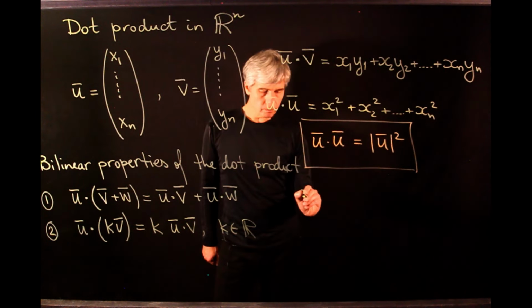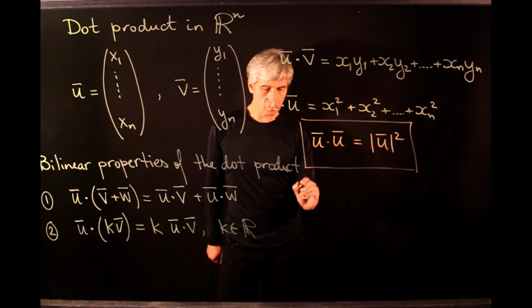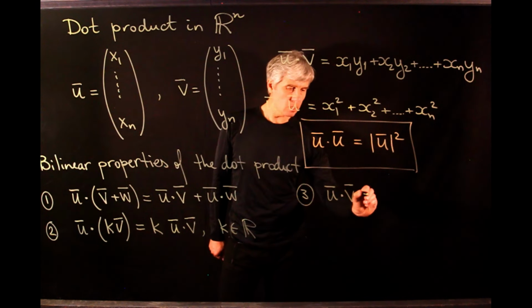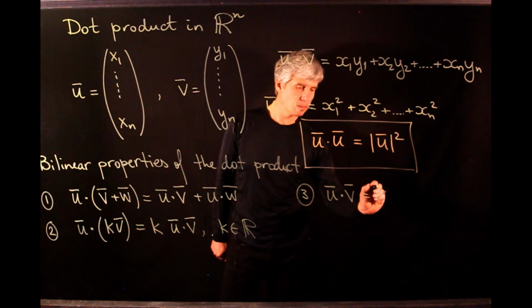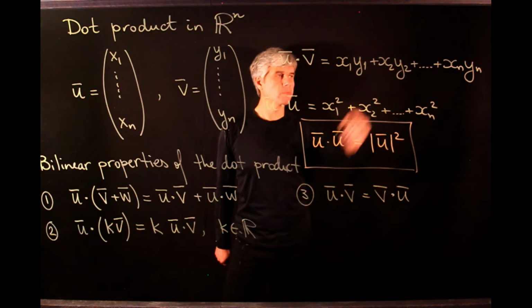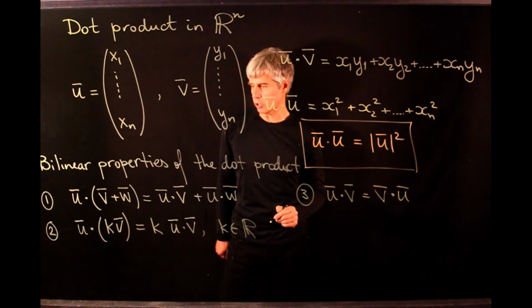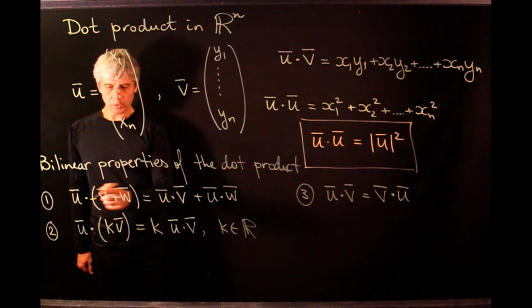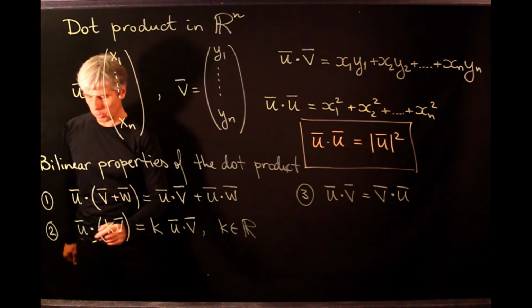And also the dot product is symmetric. So this means that the dot product of u with v is equal to the dot product of v with u. So that immediately follows from the definition. And as a result, there are two properties that are symmetric to these ones.